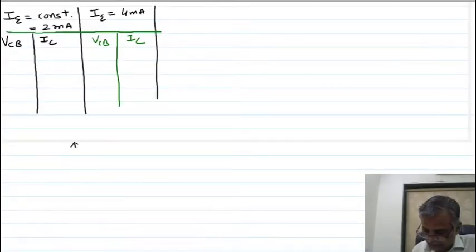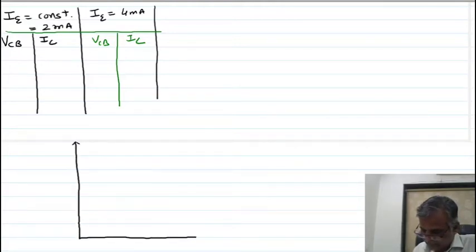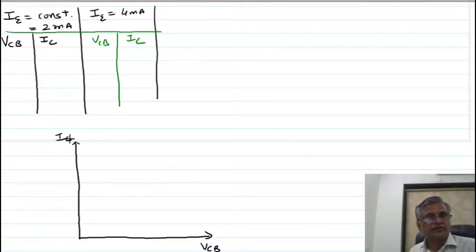The graph of output collector current with output voltage VCB at a constant value of emitter current is called output characteristics.